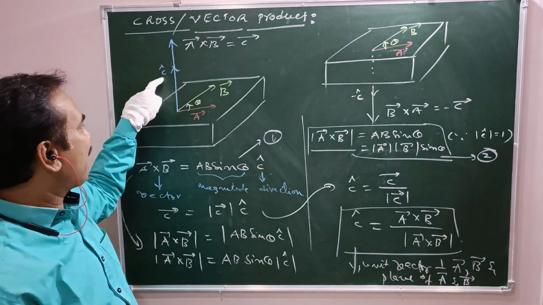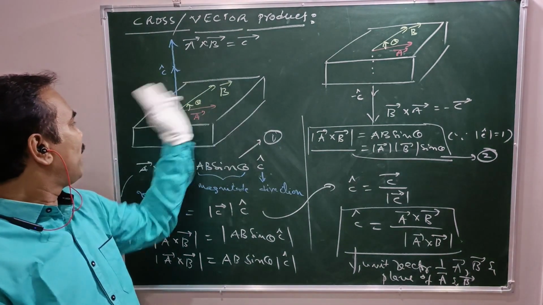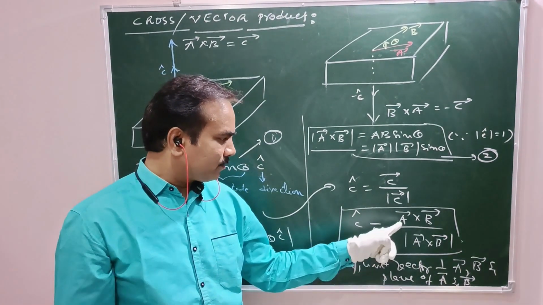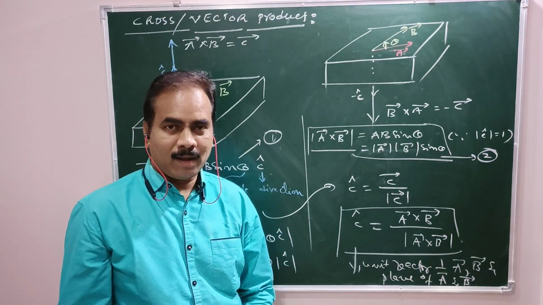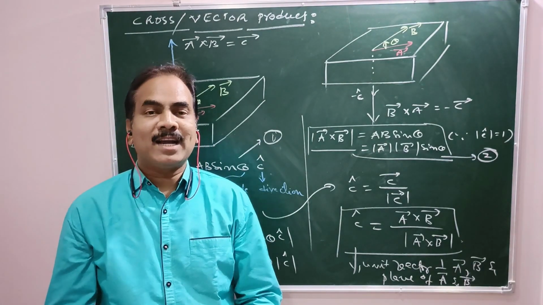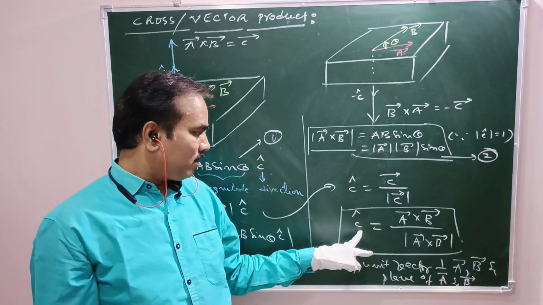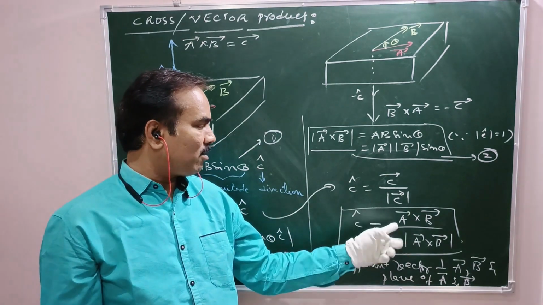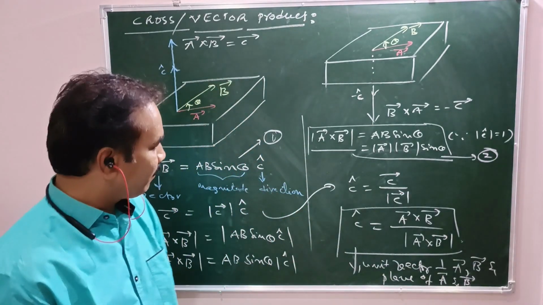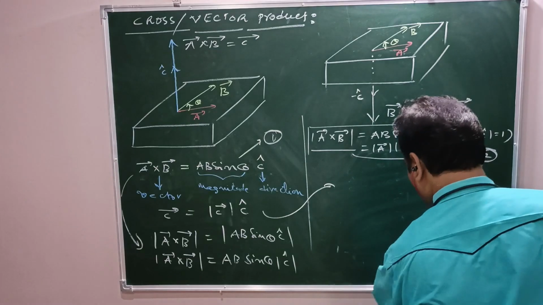See here, C cap is perpendicular to A bar, perpendicular to B bar, perpendicular to the plane of A bar and B bar. Suppose you are given two vectors A bar and B bar and are asked to determine a unit vector perpendicular to both A bar and B bar, then you can find C cap as follows: A bar cross B bar by modulus of A bar cross B bar. Okay, right?